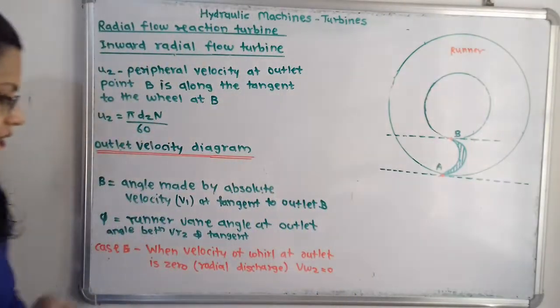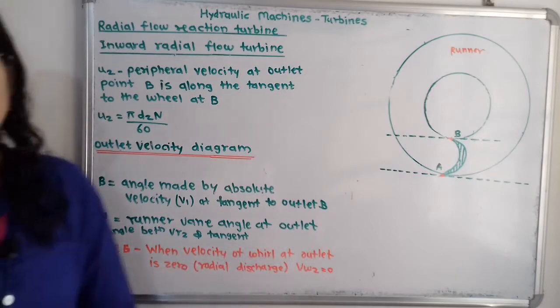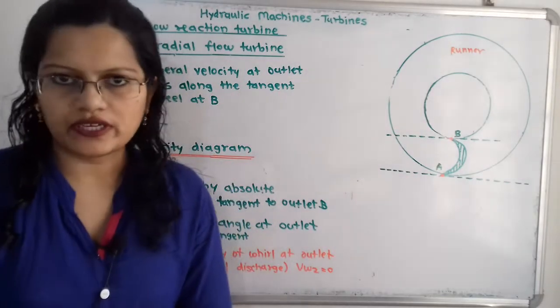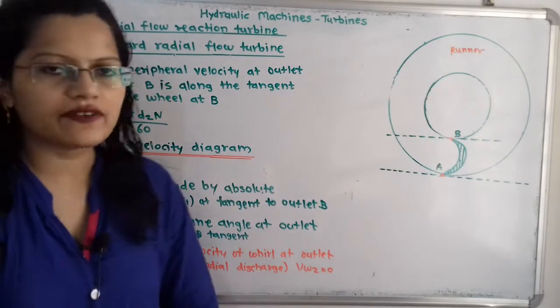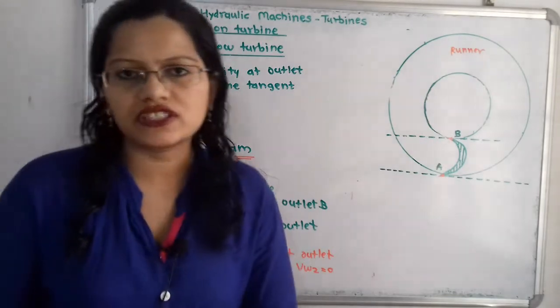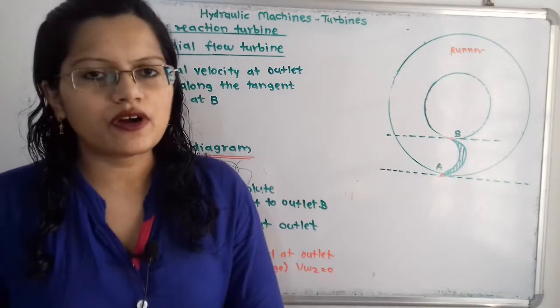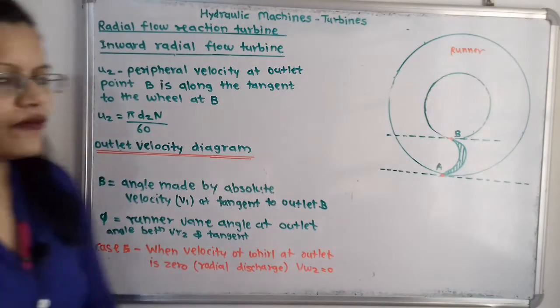So what is this condition? That is when the velocity of whirl at outlet is 0. So how to show that? We can say that Vw2 is equal to 0, and this condition is also known as radial discharge. First we will plot VR2.